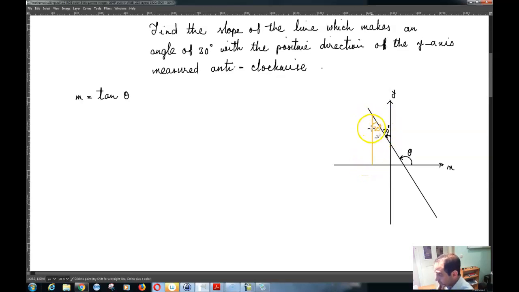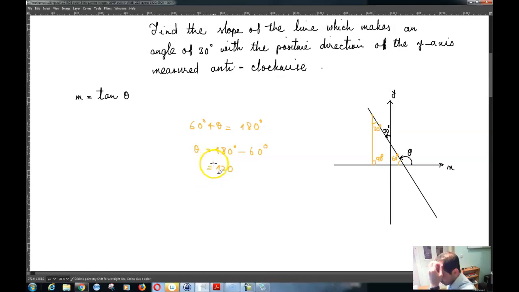And since this is a 30-degree angle and this is a 90-degree angle, this is going to be a 60-degree angle. You know that the sum of these two angles is 180 degrees. That means 60 degrees plus theta is equal to 180 degrees. So theta is equal to 180 degrees minus 60 degrees, which is equal to 120 degrees.